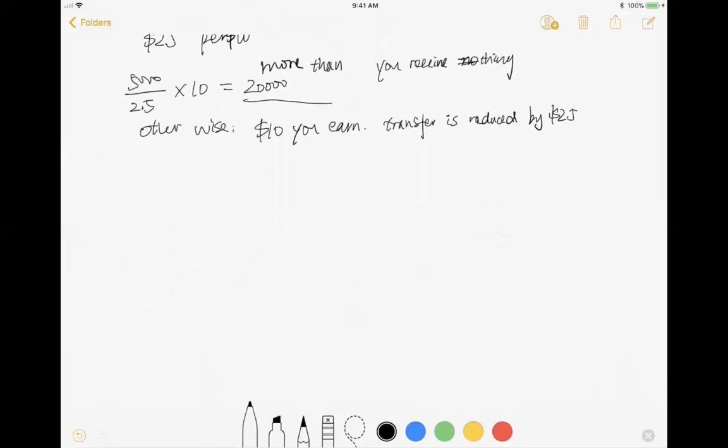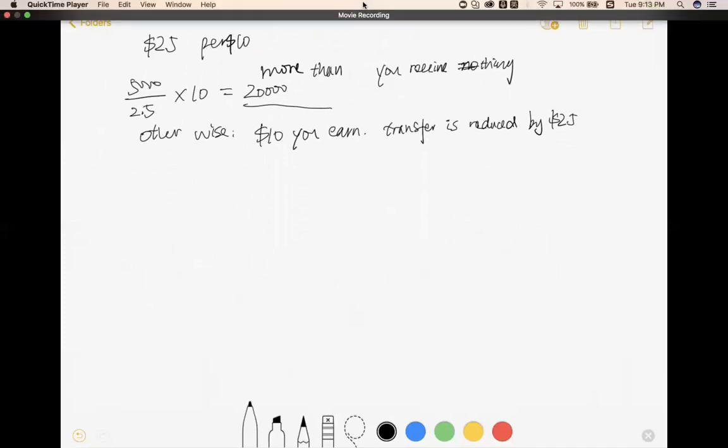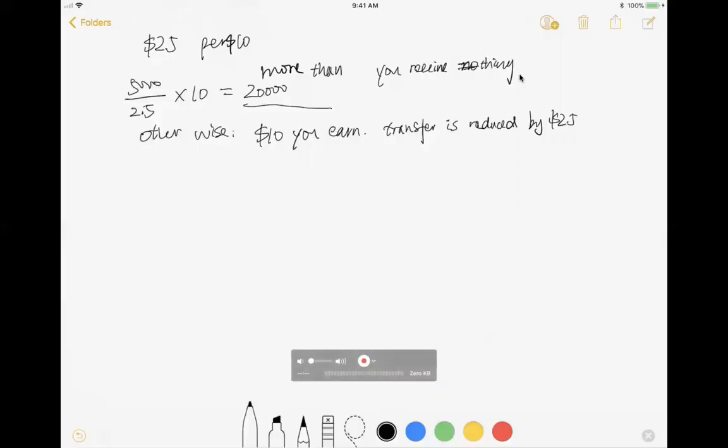So this means when you earn zero income, you will get all the $5,000 as a money transfer.